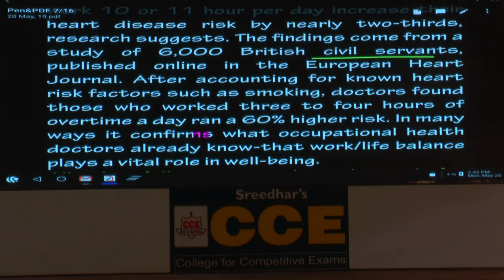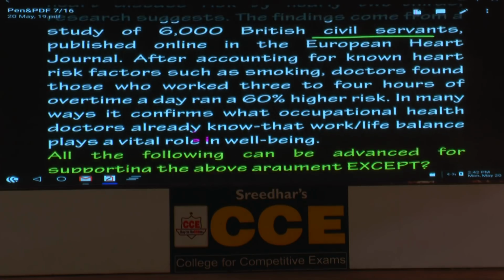Published online in the European Heart Journal. After accounting for known heart risk factors such as smoking, doctors found those who worked 3 to 4 hours of overtime a day ran a 60% higher risk. In many ways, it confirms what occupational health doctors already know, that work-life balance plays a vital role in well-being.